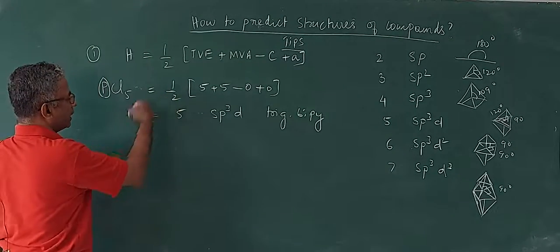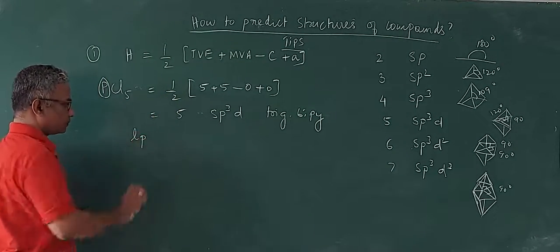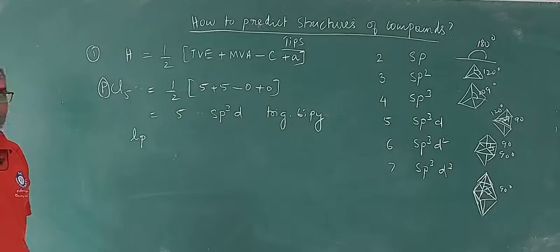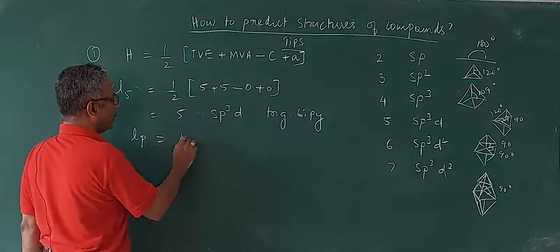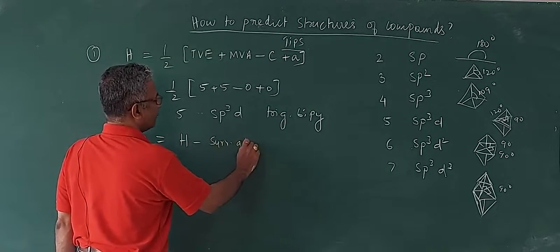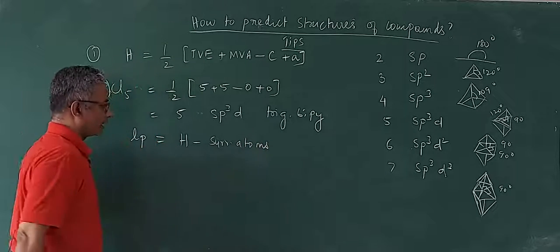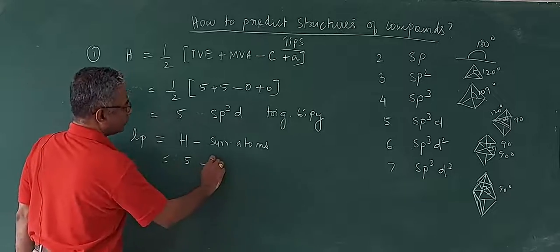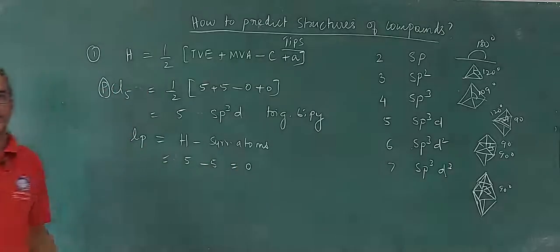Okay. So, in this there is one more corollary point. If you want to find out the number of lone pairs present in these compounds, if at all it is present, then the lone pair will be given by hybridization minus number of surrounding atoms. So, here you will have the hybridization is 5, number of surrounding atom is also 5, therefore there is no lone pairs in this compound.